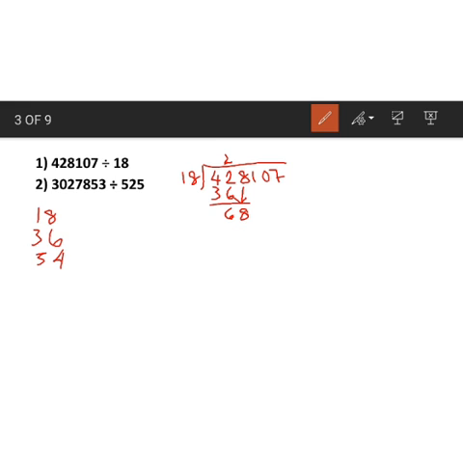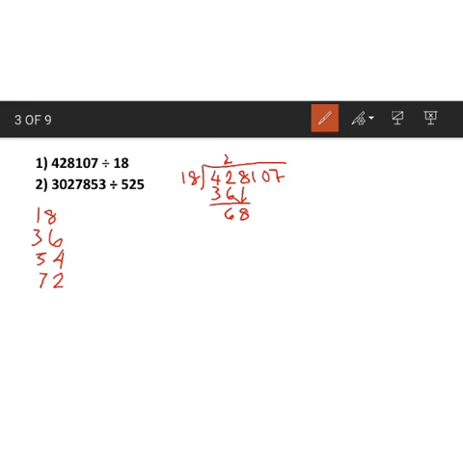Now we have to check whether 18 will go in 68. Is it possible? Yes. And how many times? Let us look. 18 into 2 is 36. 18 into 3 is 54. 18 into 4 is 72.